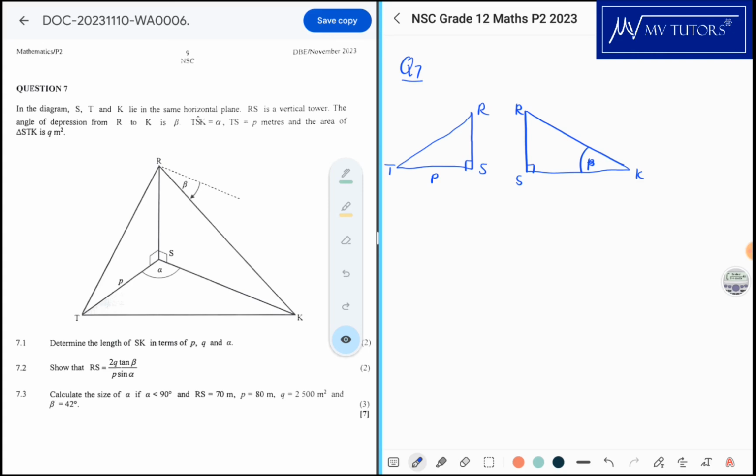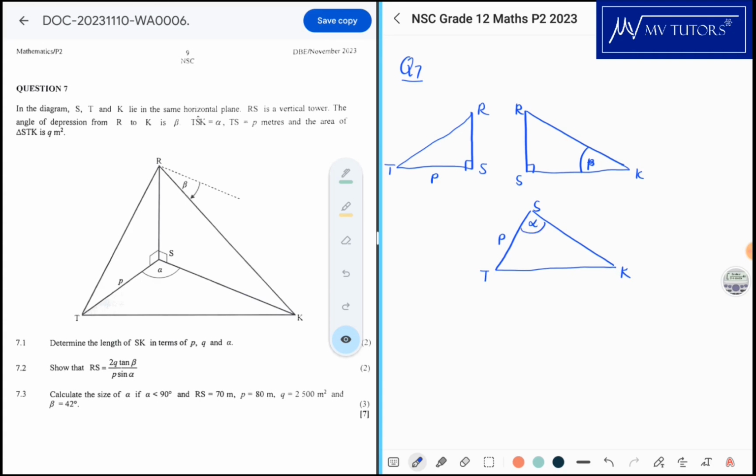And then we have the triangle at the bottom, in the horizontal plane, which is T, S, K. We know that TS is P meters. SK, we don't know anything about it. We know S is alpha.